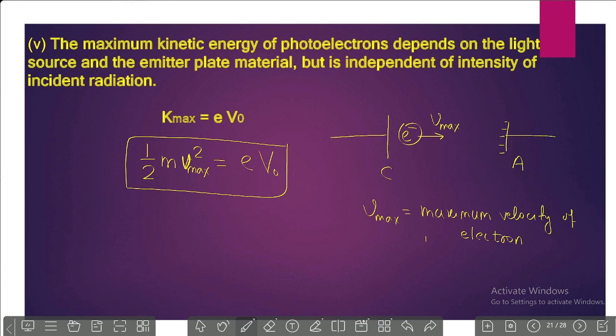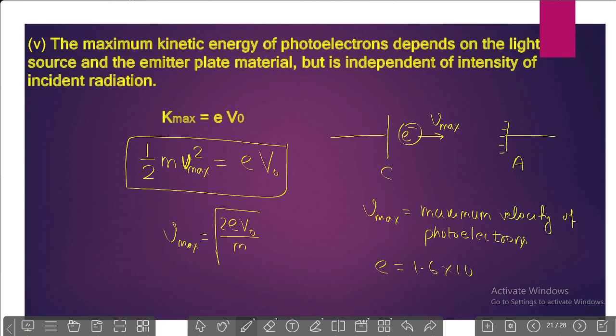Electron means photoelectrons. Clear or not? Half m V max square equals eV naught. If you want to find V max, what will I do? V max equals root under 2eV naught by m. e is the electronic charge, the e value you know.